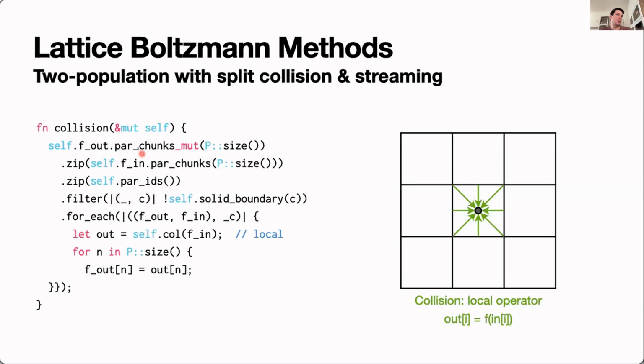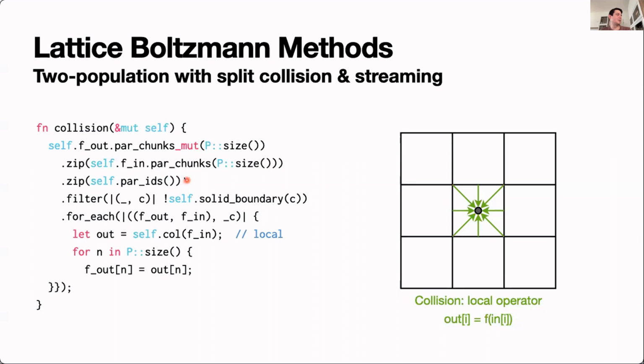In this case, I'm using par_chunks because I have to tile my grid into multiple values. And then I want to zip it with an iterator for the inputs where I'm going to be reading. And this doesn't have to be mutable. So all threads are going to be reading from the inputs, but for the outputs, each cell is only going to be writing to its local cell. And that's how we manage ownership and borrowing. And on top of this, I need to know which cell I am to be able to apply things like boundary conditions. So I'm going to zip that again with another iterator for that.